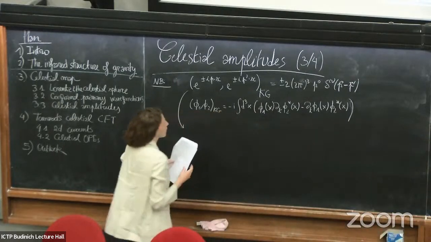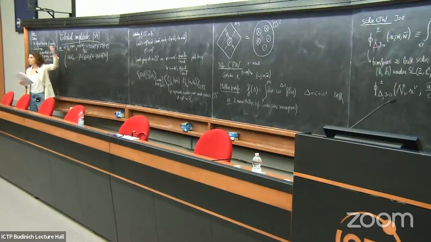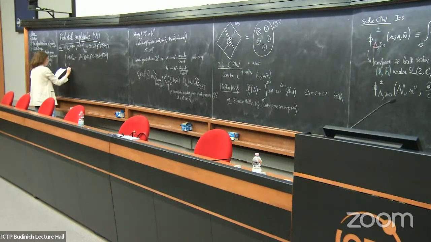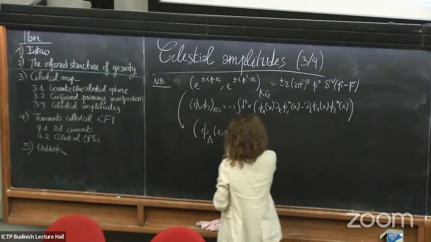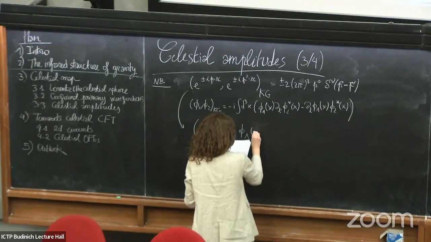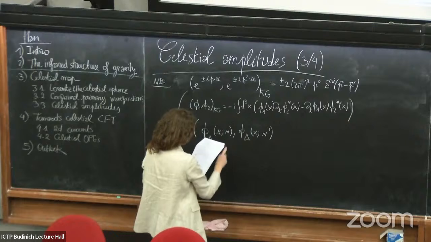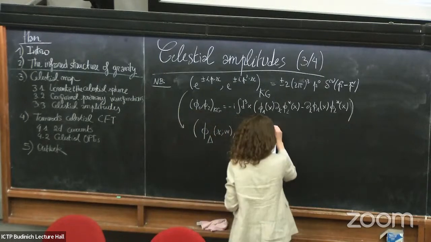More precisely, you take this expression here, you do two Mellin transforms, one for the first plane wave, one for the second, and you will find the Klein-Gordon inner product of two primary wave functions. Let me just write W, and not every time W and W bar, but there is one that depends on W, one on W prime.